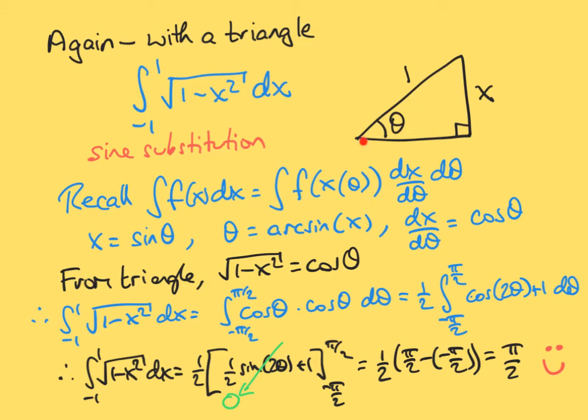Theta is the angle, and its sine is the opposite over the hypotenuse. And the easiest way to have the sine of theta be x is to say that this is x and this is 1. And then from Pythagoras' theorem, this adjacent side is going to have to be equal to the square root of 1 minus x squared.